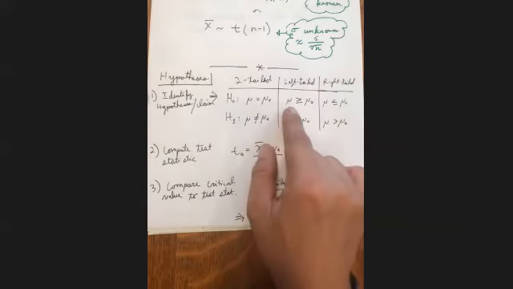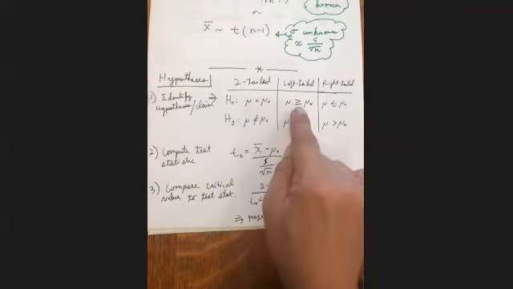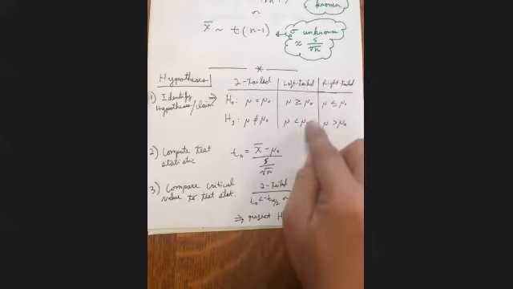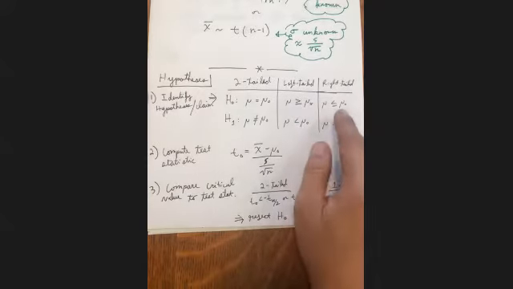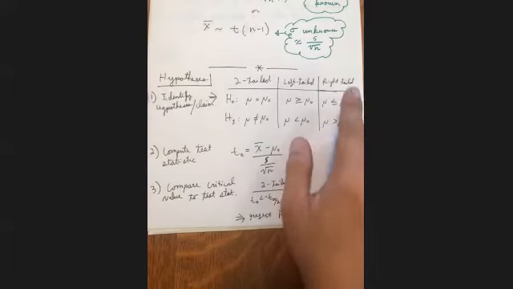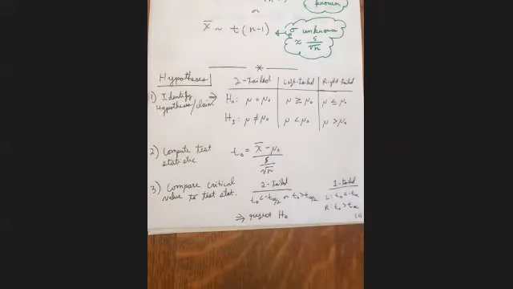For the left-tailed, the null is mu greater than or equal to mu naught, while the alternate is mu less than mu naught. And for right-tailed, mu less than or equal to mu naught is the null, and mu greater than mu naught is the alternate. All right, so these are all the possible flavors.